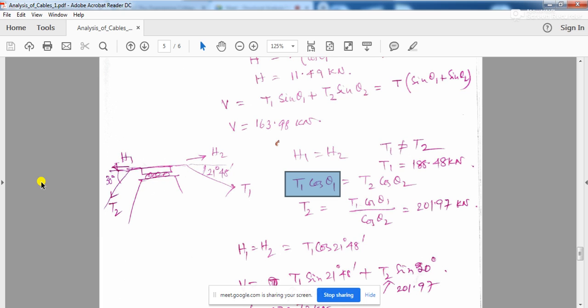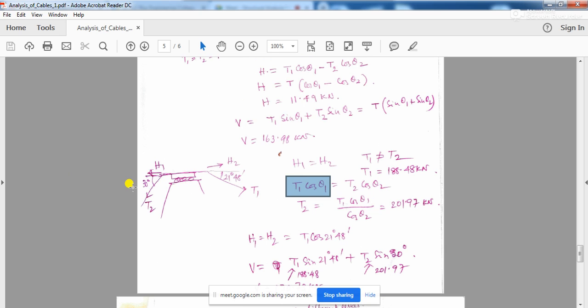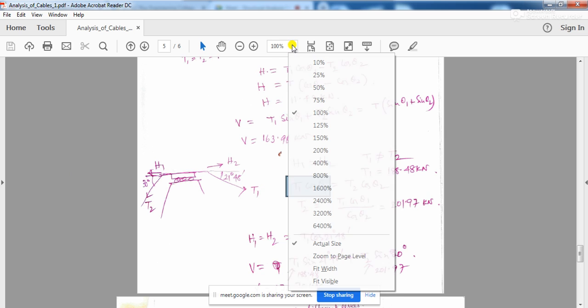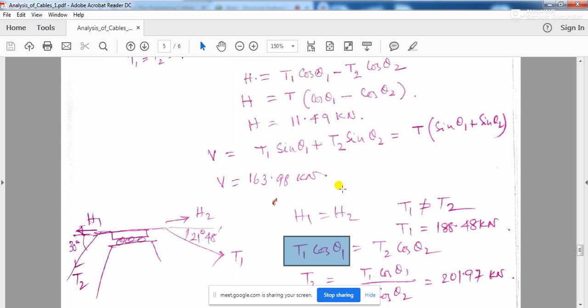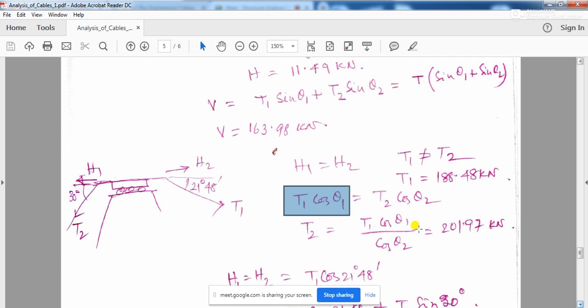And what will be the horizontal component of the force in the anchor cable? The horizontal component of force in the anchor cable will be equal to H2, that is T2 cos theta 2.